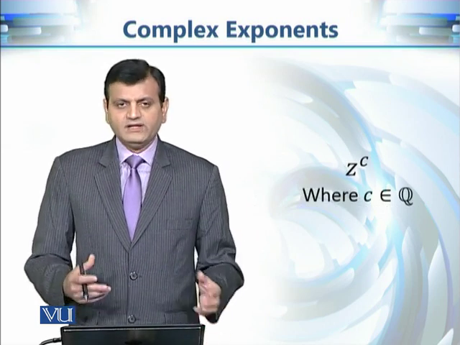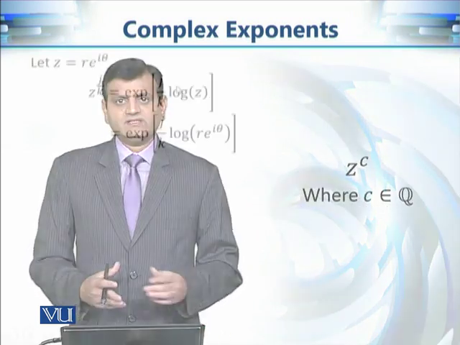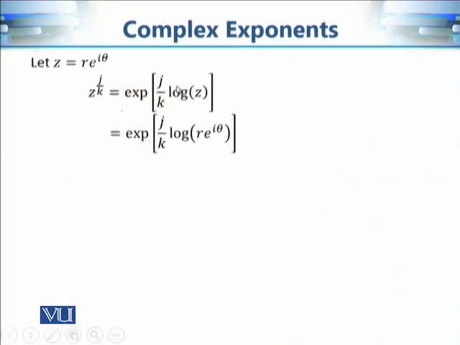Now let's begin with the case when c is a rational number. What happens in this case? According to the definition, z raised to power j over k, we know that every rational number is of the form j over k, where j and k are integers, and of course k is not equal to 0. So according to the definition, this becomes exponential of j over k log of z.